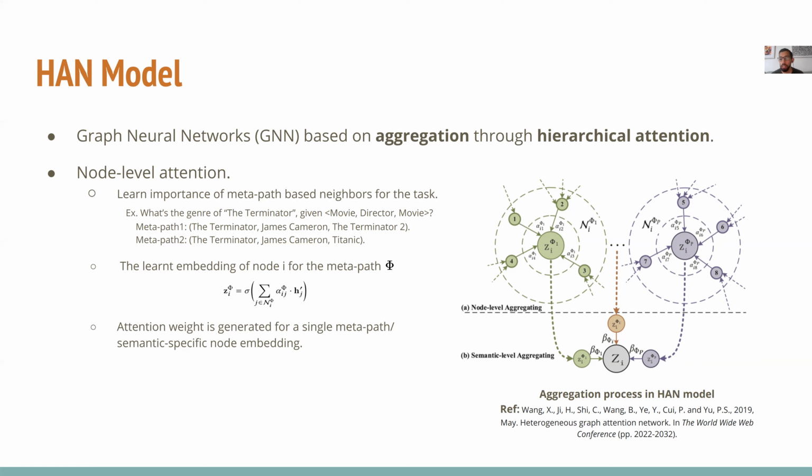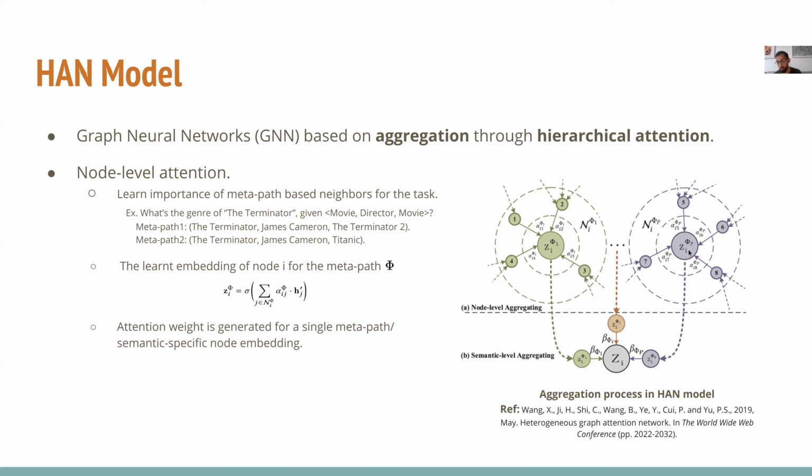The node level attention is: given a certain metapath and a node, you only consider all the metapath-based neighbors for this node. So you only fix the metapath and work with the neighbors given node zi and metapath theta 1. In this example, we call this node level aggregating. We have zi for metapath one, and zi also for metapath 2.